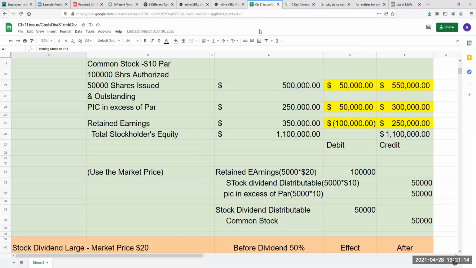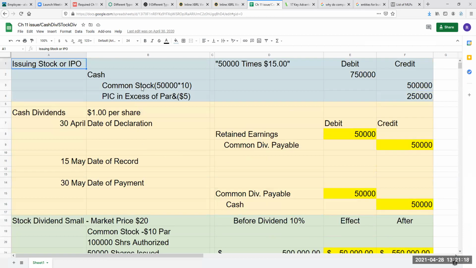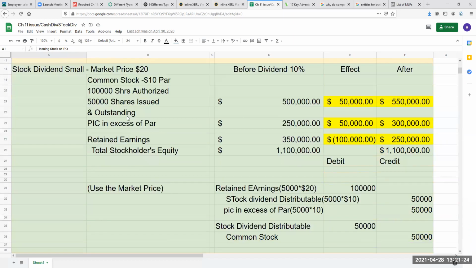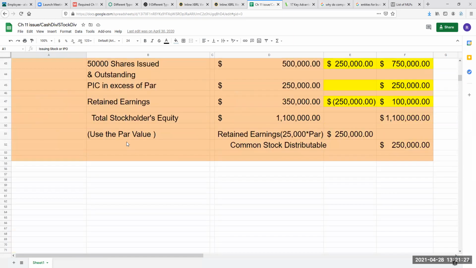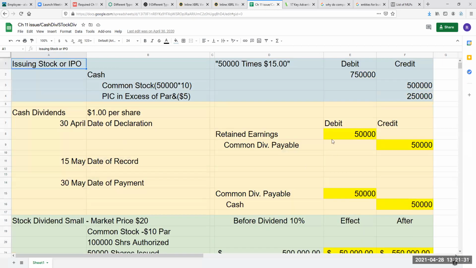And the reason it's a debit is, let me just show you here. Here's when you're declaring stock, cash, common stock. And here, date of record. And here's a small stock dividend, a large one. But what is happening when you buy treasury stock?